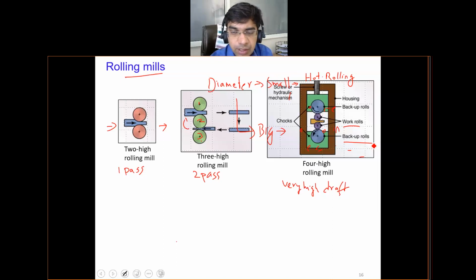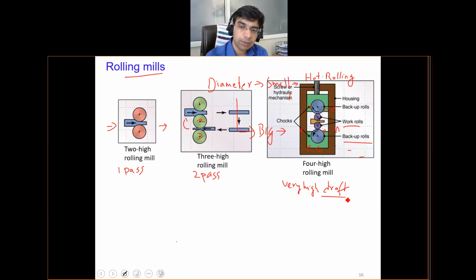This additional compressive stress helps to reduce the thickness or provide a very high value of draft. This type of rolling mill will be quite expensive, and this expense is offset by increasing the quantity of workpieces being processed using this type of rolling mill.